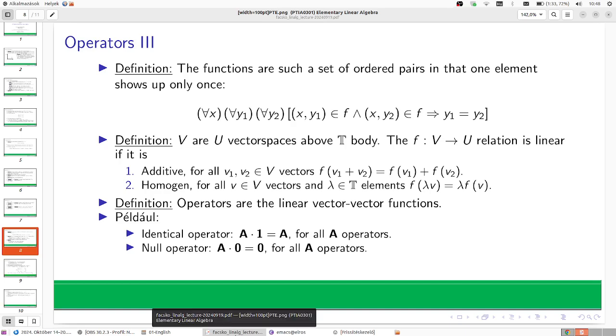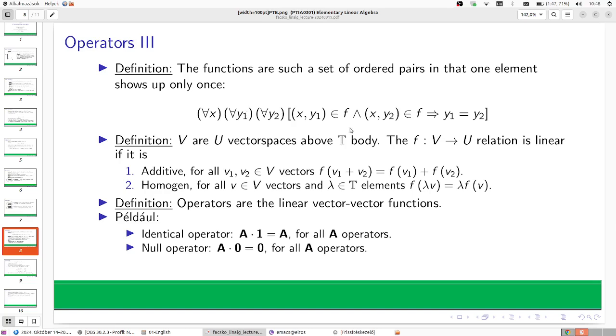Great, that's better. So you have three elements, and this relation and this relation, if they are fulfilled, then these elements should be the same.